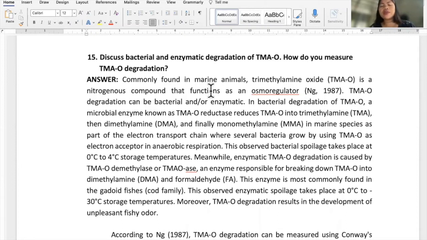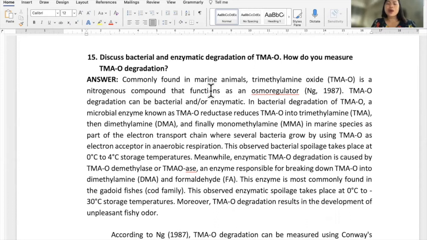Usually those fishes that live in the deeper parts of the oceans are the ones that have high amounts of TMAO. It's a naturally occurring nitrogenous compound, especially in those that really require osmoregulation in their existence in our ocean.